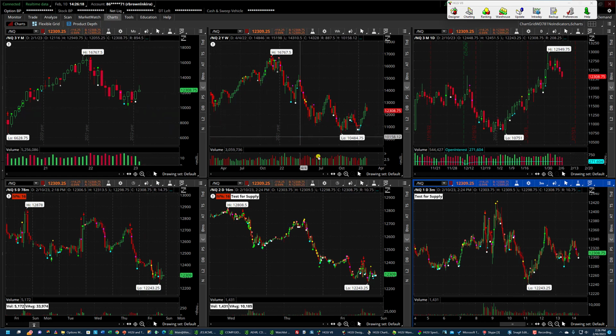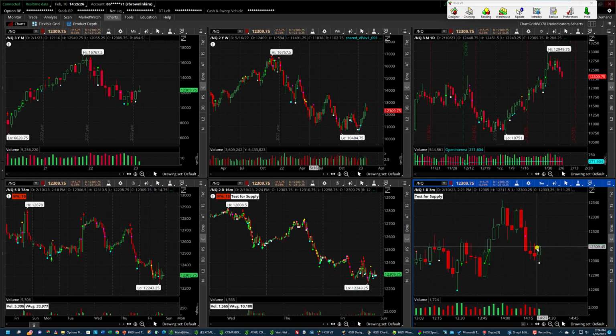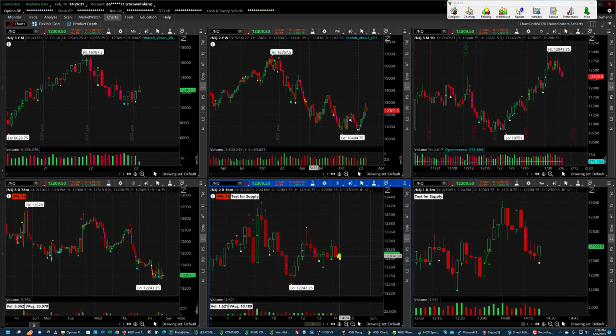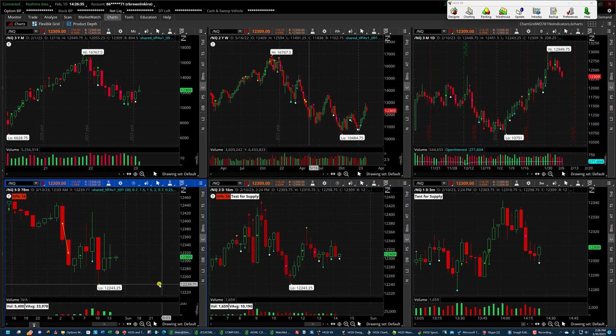Now the reason I've set this up this way is that these are approximate. 5 of these 3-minute bars go into this bar here. There's 16 minutes here, which is closer to the 78-minute.